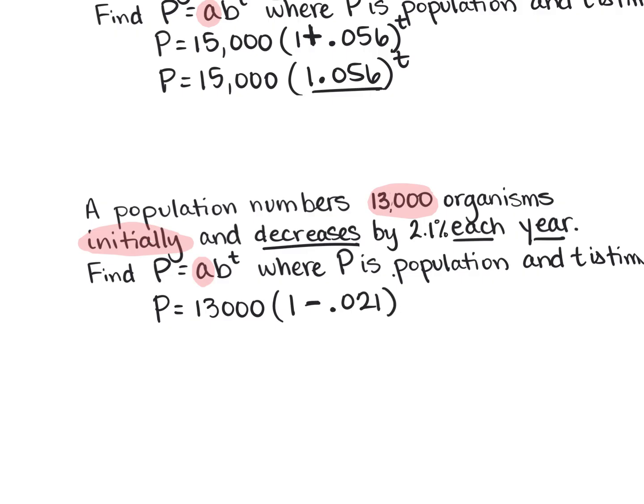And you raise that to the t power. So we are going to have P is equal to 13,000, and if we subtract 1 by 0.021, we will get 0.979 to the t power. And that's all it wants. It's just looking for equations of these. Notice again, this number is between 0 and 1, so we are in fact decreasing.